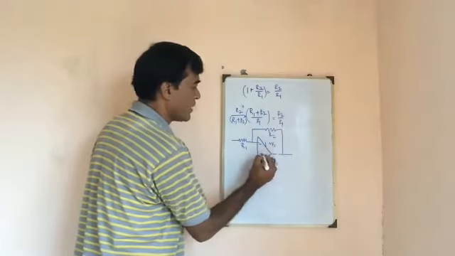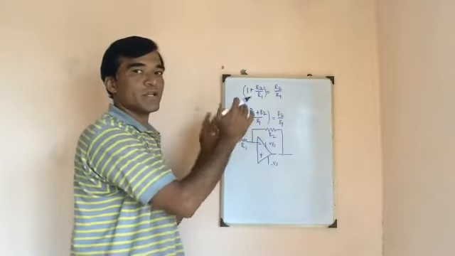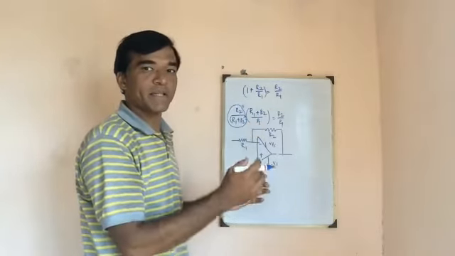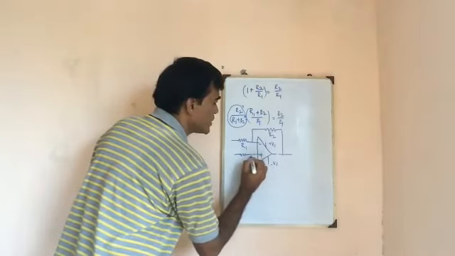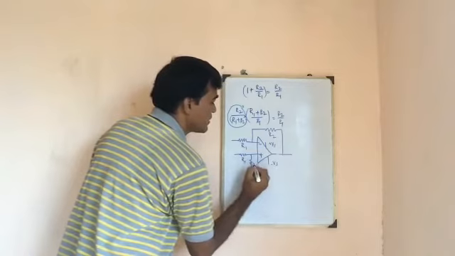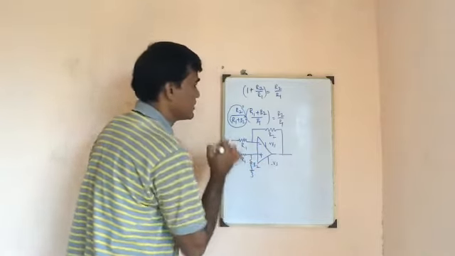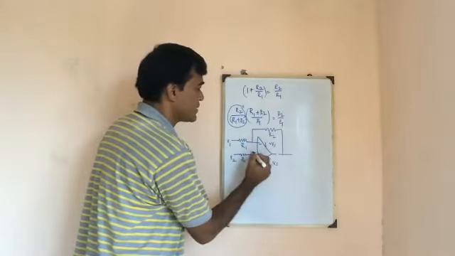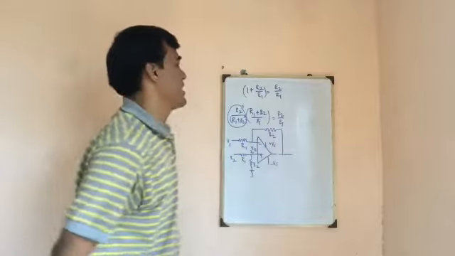At the non-inverting terminal, I need to add this part, and this kind of resistance term comes into the picture when there is a voltage divider circuit. So here I need to use the voltage divider circuit. This is R1, and this is R2, and here I apply the voltage V2, and this is V1. Let us say this is the node X, where the voltage at node X is Vx.